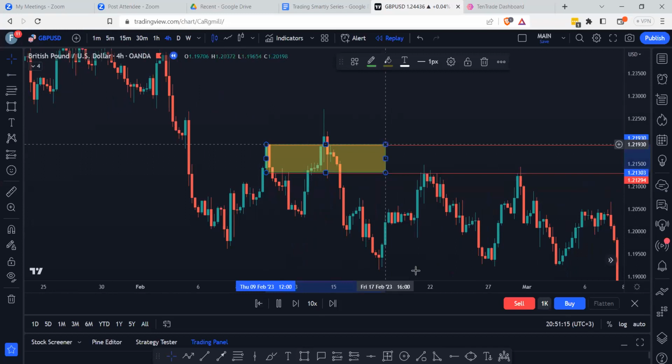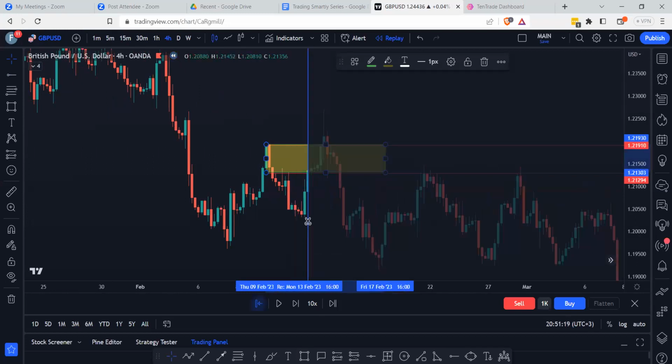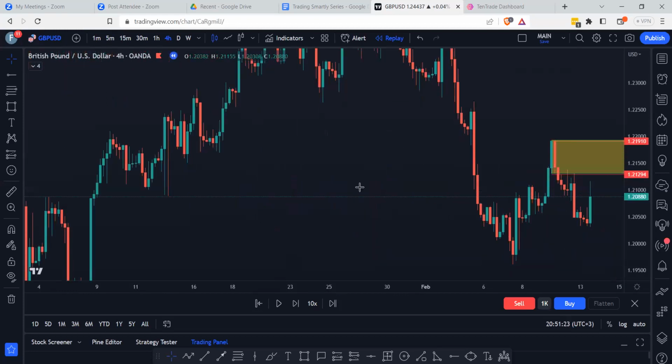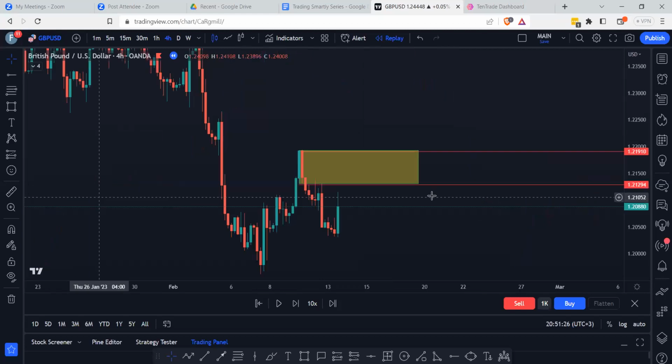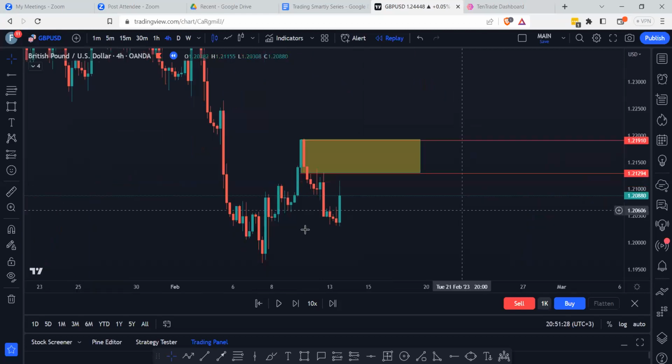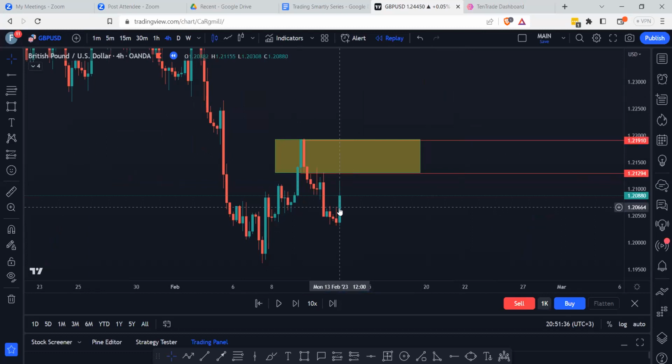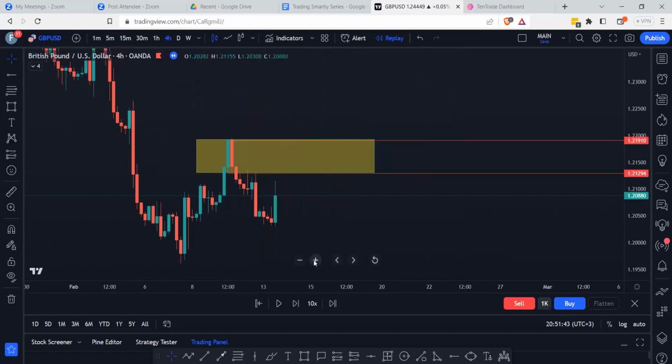So let's play this right back. Let's assume that this is the current market price. Price is here, and over here there's a resistance zone. We already even have some little movements here.